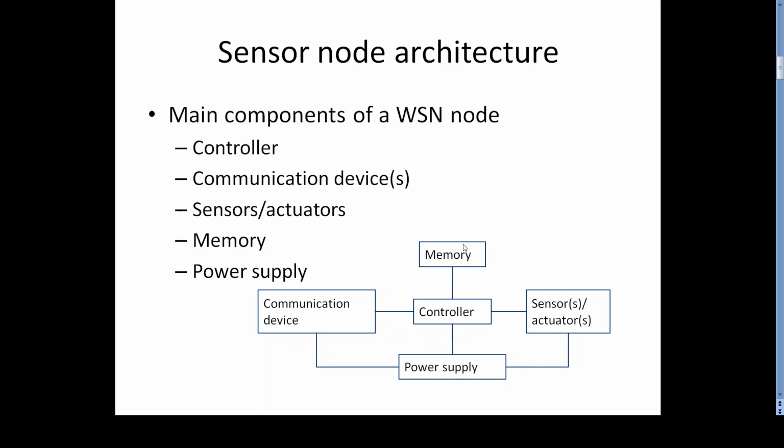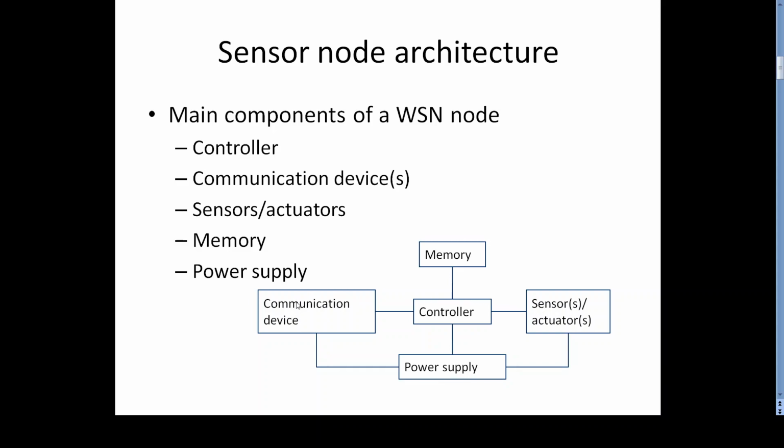Usually, different types of memory are used for programs and data. Sensors or actuators are the actual interface to the physical world. These are devices that can observe or control physical parameters of the environment. This is to sense the outer world or the physical world.